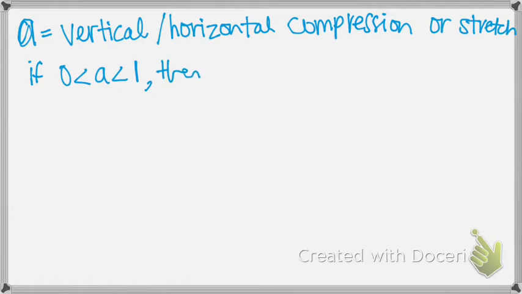Then the graph is wide. When I say the term wide so you understand it better, okay? If we have a parabola and it's wide at the top, is it going to look more like this or more like this? More like this because it's wider, okay?